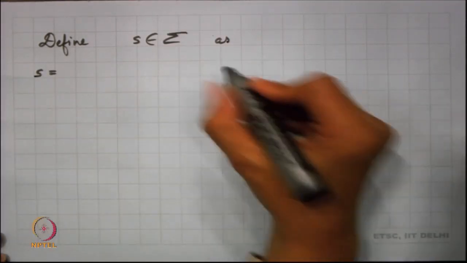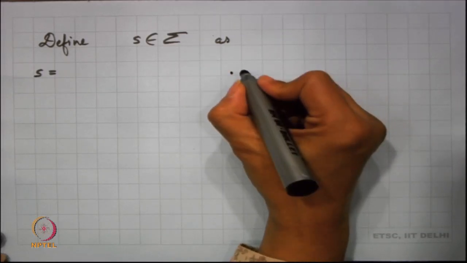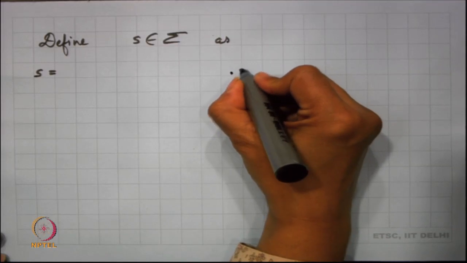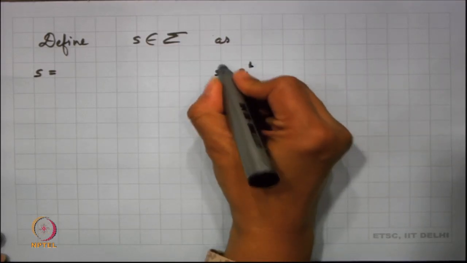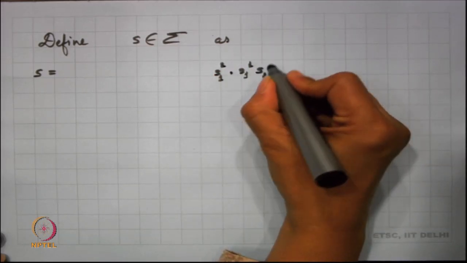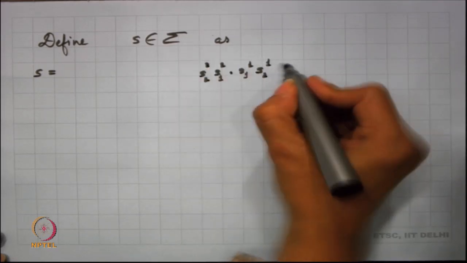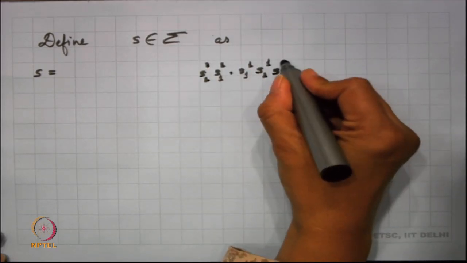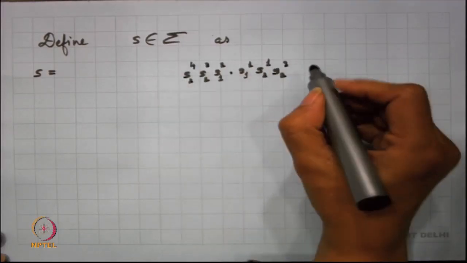What I do is I start with the midpoint here, the decimal point. I have my S_11 here, S_12 here, then S_21, S_22, S_23, S_24 here.